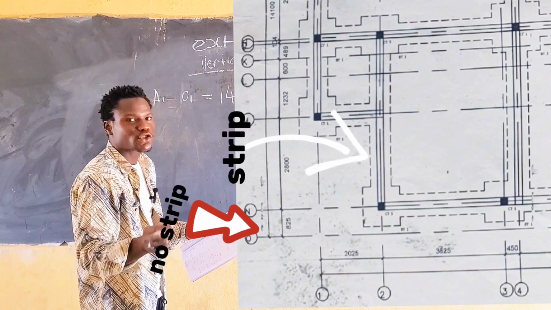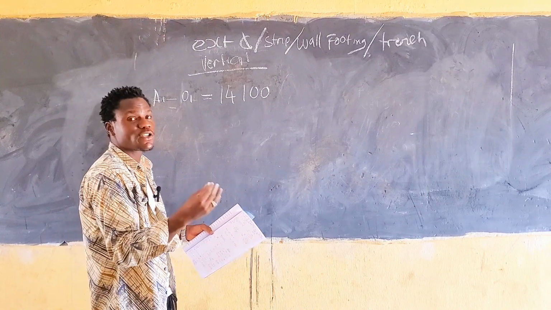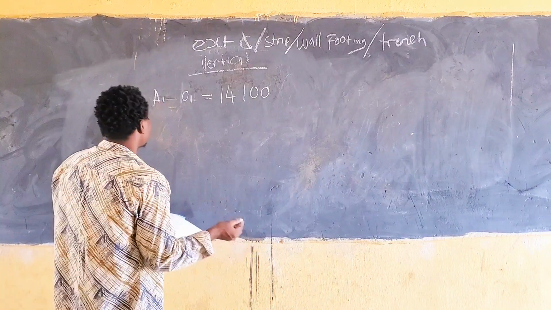So we are going to deduct that side, because if we don't deduct it, it will be considered an over measurement. So we'll deduct O to N.